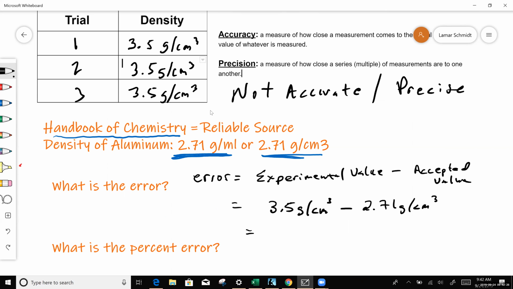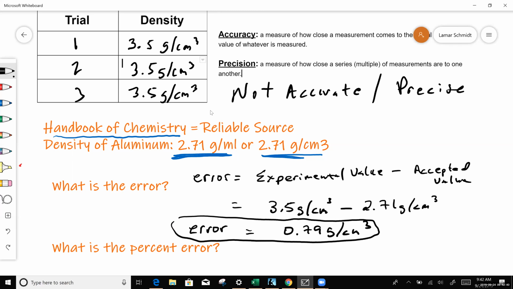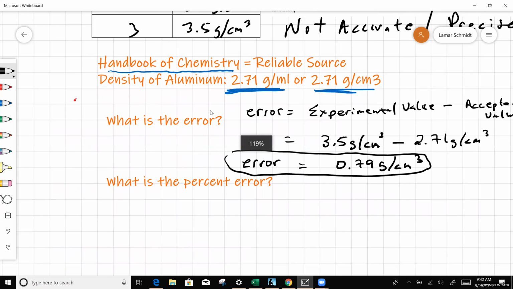And we get what? 0.79 grams per cubic centimeter. That's our error. So that's all you have to do if you're asked to calculate error on your test, right? Just know that formula.